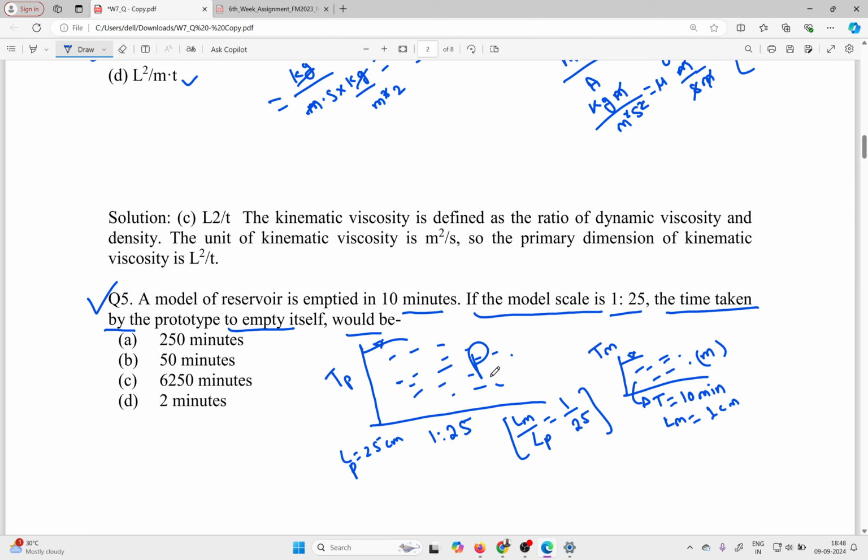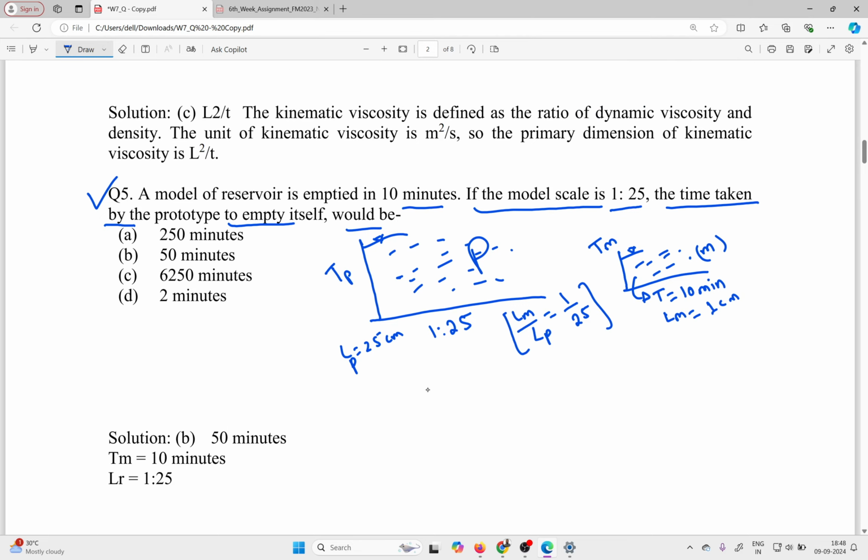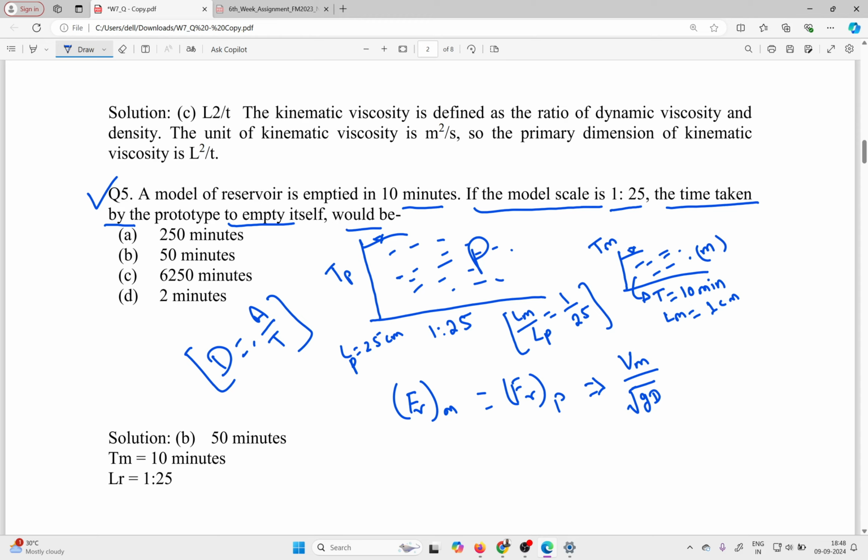So basically, in gravitational type of flow, we consider the Froude number. How will we consider the Froude number? Fr for model is equal to Fr for prototype. So for the model, it is V model divided by root of g D, where capital D, as you know from open channel hydraulics, is area by top width.